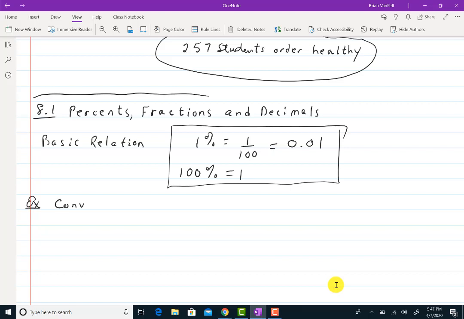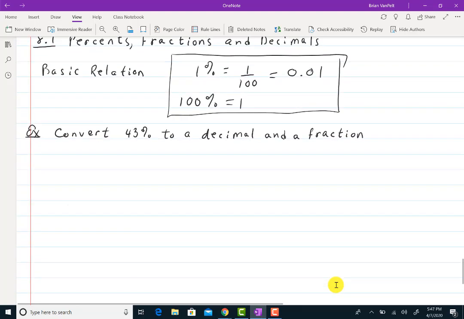Let's start right off the bat with this problem. Convert 43% to a decimal and a fraction. All right, for this then, let's start with the decimal. Remember that 1% equals 0.01.